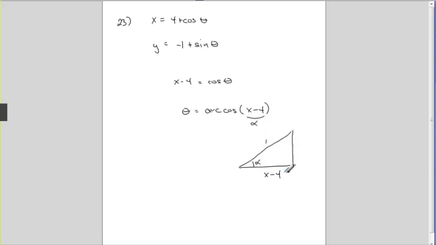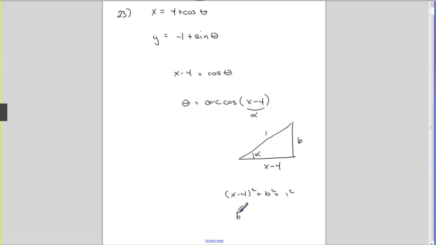And if that's true, then let's call this side B. You know, x minus 4 squared plus B squared is equal to 1 squared, or B squared is equal to 1 minus x minus 4 squared. And therefore, B is equal to the square root of 1 minus the quantity x minus 4 squared, plus or minus.